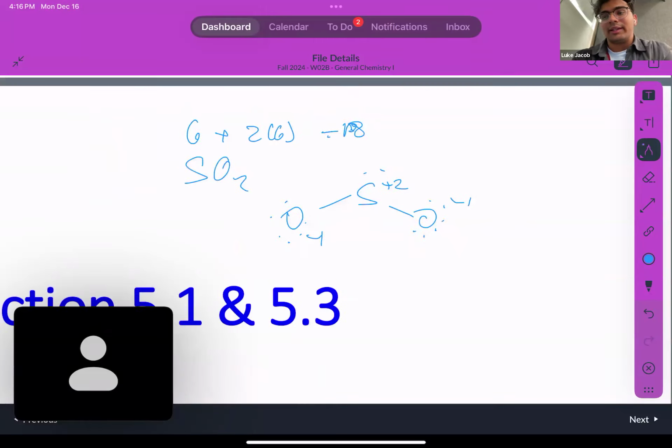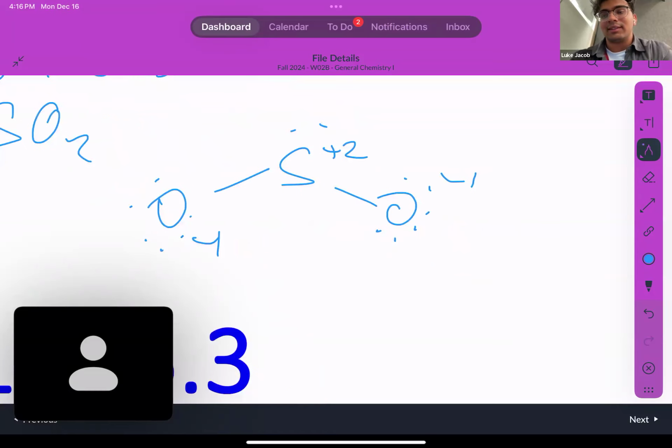Don't worry about how quick I am, I practice a lot with this stuff. So because of this, you would want maybe this one to give its double bonds. Then it disperses the charge a bit. So this is a better structure than the one I just gave.